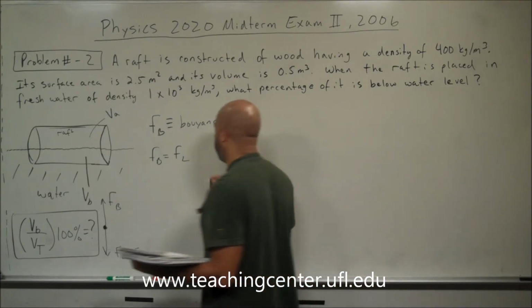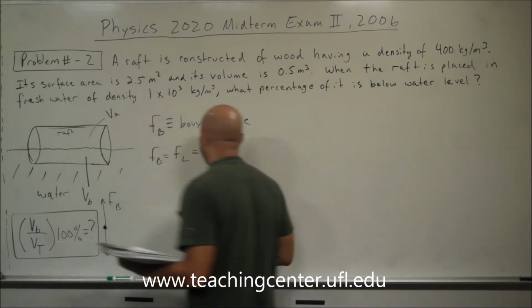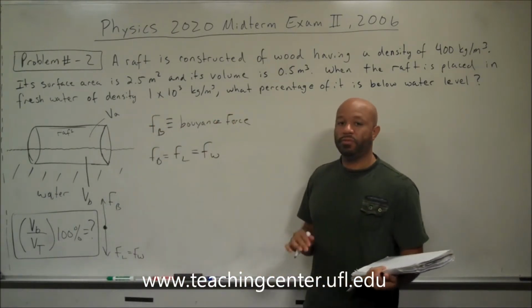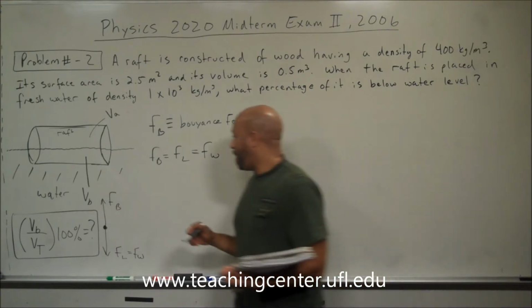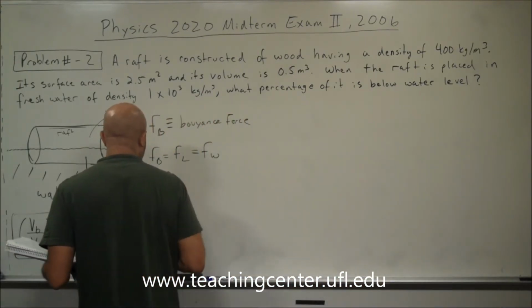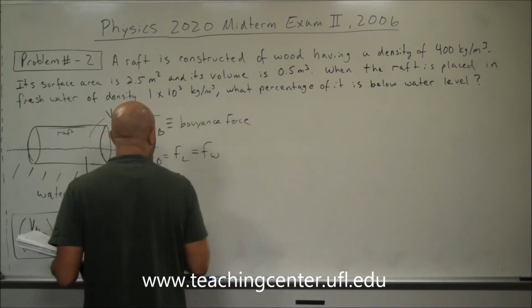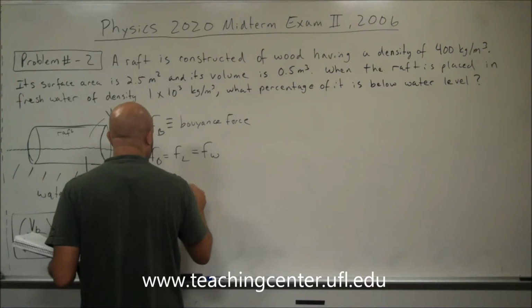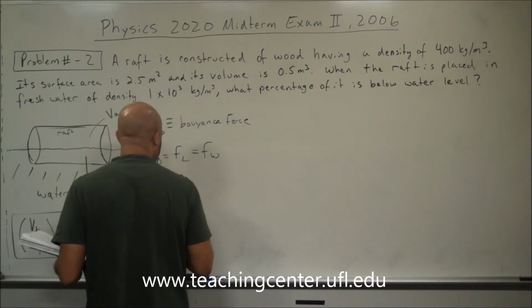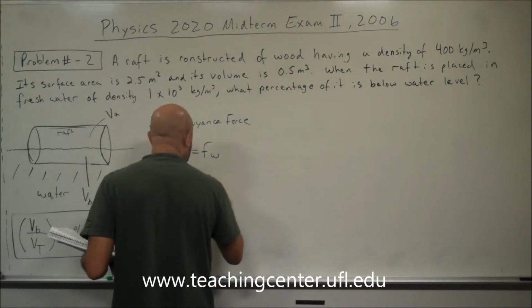And so in this particular case, since we're talking about water, we'll call that force FW, which stands for water. And so the buoyant force is equal to the force of the water, but the force of the water is just the density of the water, okay, times the volume of the water times gravity.